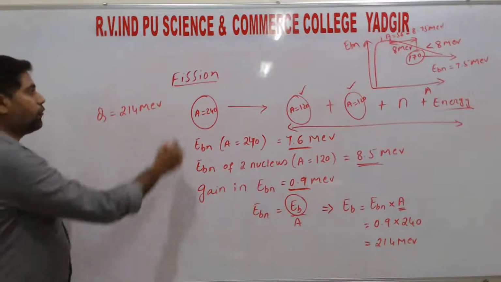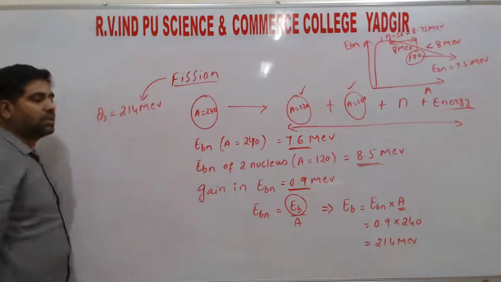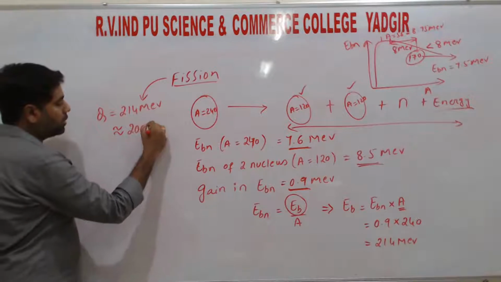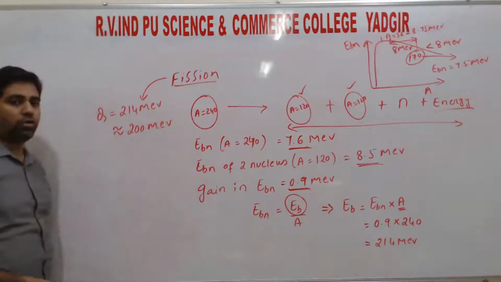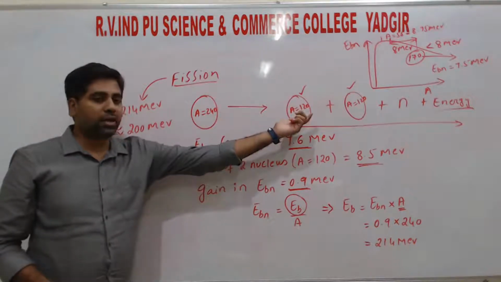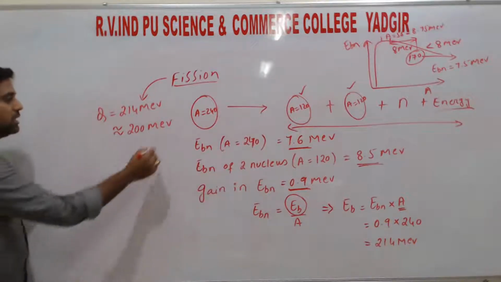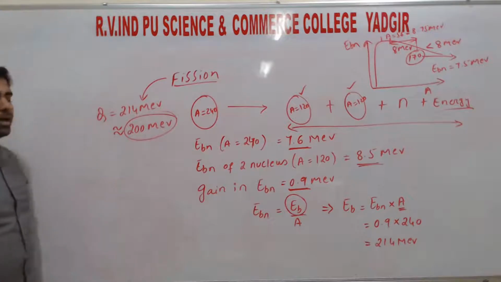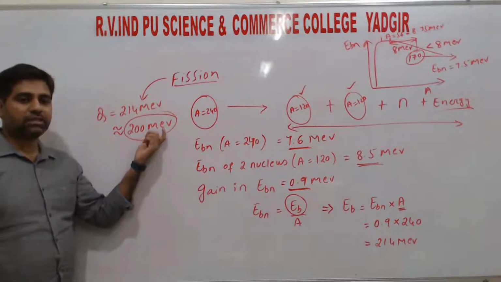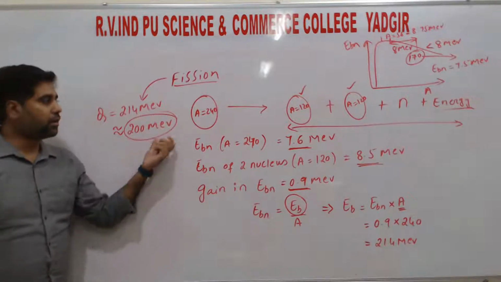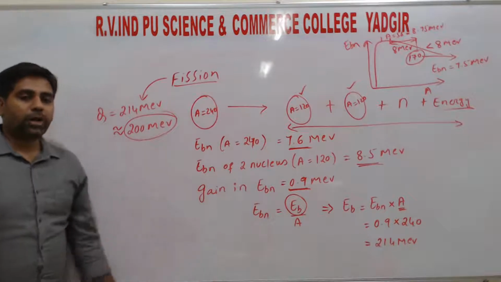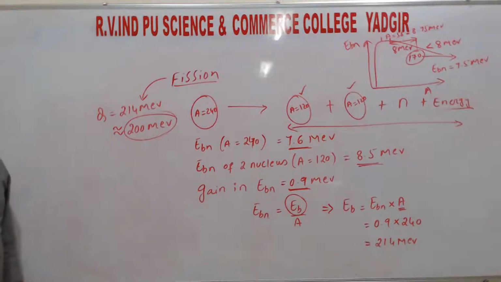Right? So during the fission process the energy released is approximately 200 mega electron volt, when the nucleus is split into its constituent nuclei. This is the energy released in the nuclear reactor when the nucleus splits into two separate nuclei of comparable masses, right?